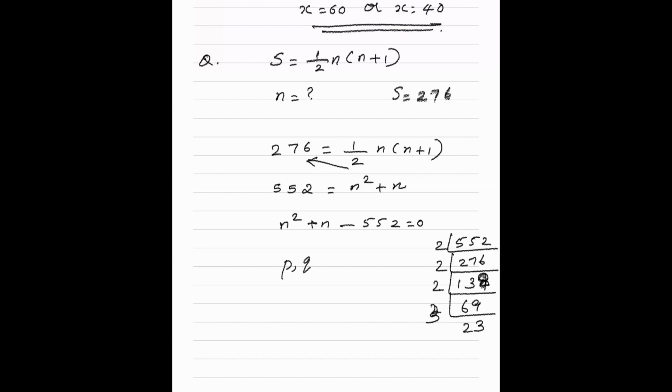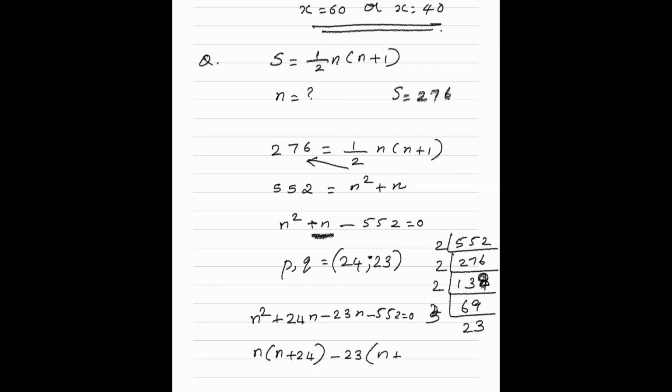P comma Q are, one is bigger, 24 is positive and 23 is negative. So take it as n square plus 24n minus 23n minus 552 equal to 0. So n out, n plus 24, minus 23 out, n plus 24 equal to 0.